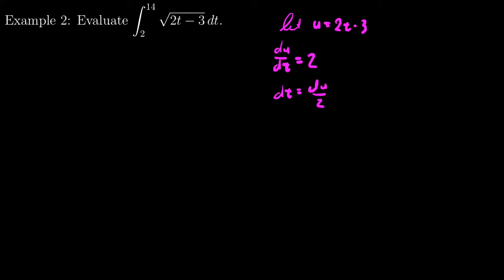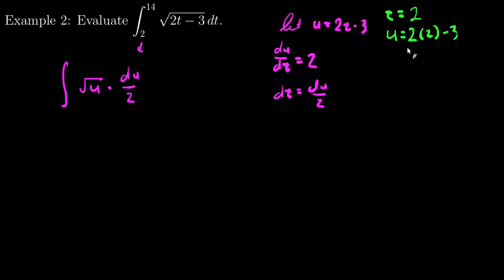But here's the problem. When I write this integral of the square root of u times du over 2, these were t values to begin with, so I need to change them into u values. But it's not that hard. When t is equal to 2, that means u is equal to 2 times 2 minus 3, which is 1.